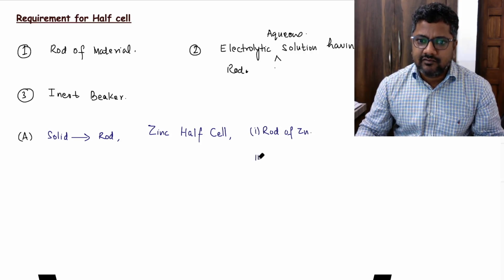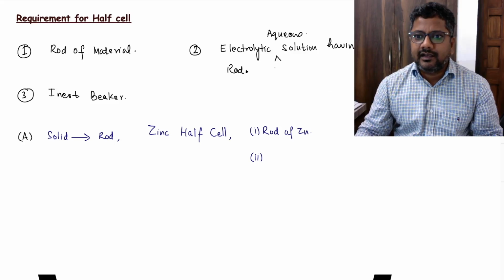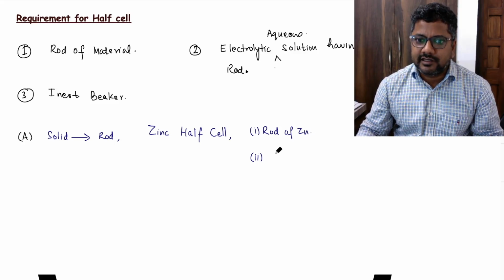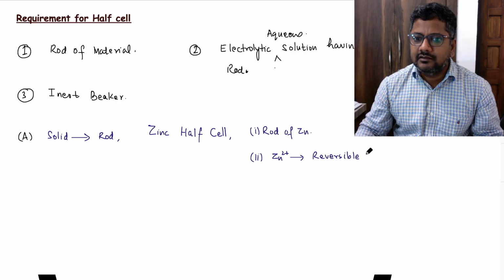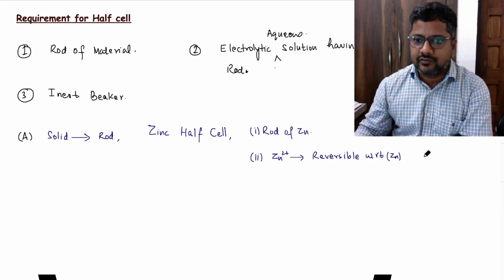And second requirement, identify the reversible ion with respect to zinc. So Zn2+ is the reversible ion with respect to zinc.